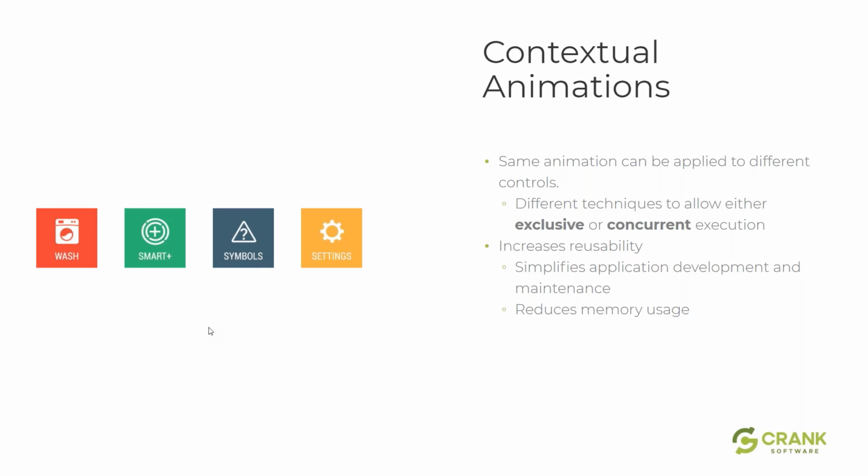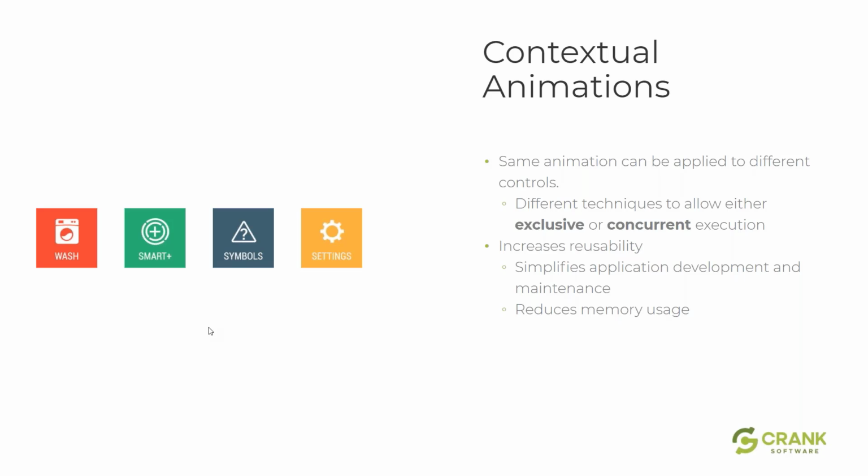Another big advantage of having contextual animations is, for example, if we were to create an animation for a button press effect, we don't have to create the animation for every button. We can just assign that generic animation to any button, so long as the variables that the animation is changing exist, then the effect should work.